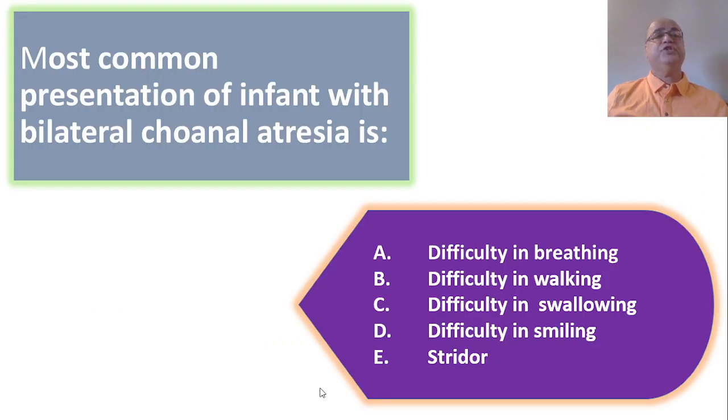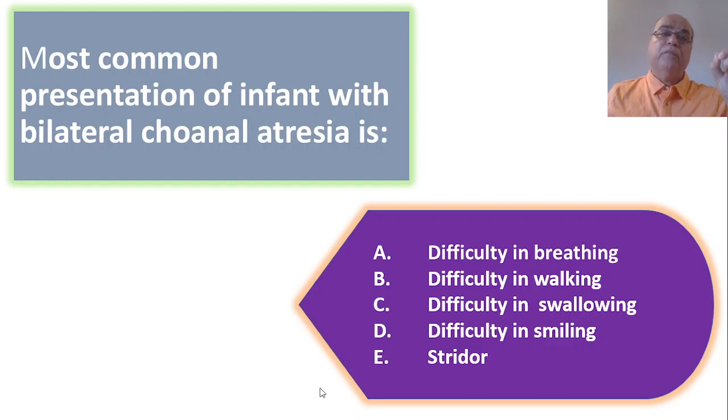Most common presentation of infant with bilateral choanal atresia. At birth, bilateral choanal atresia is an acute emergency, because by birth the infant is an obligatory nasal breather. The child doesn't know how to breathe through the mouth at birth. He will learn mouth breathing later on.